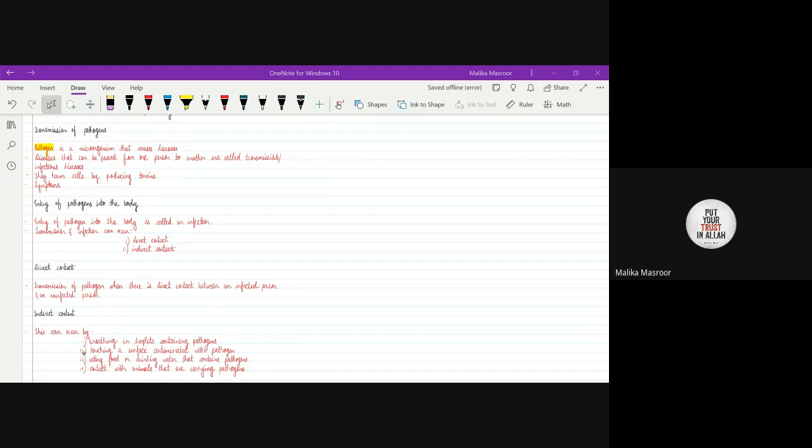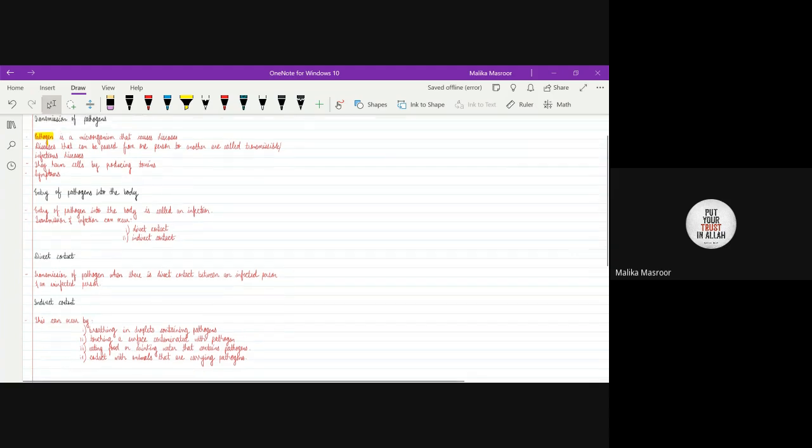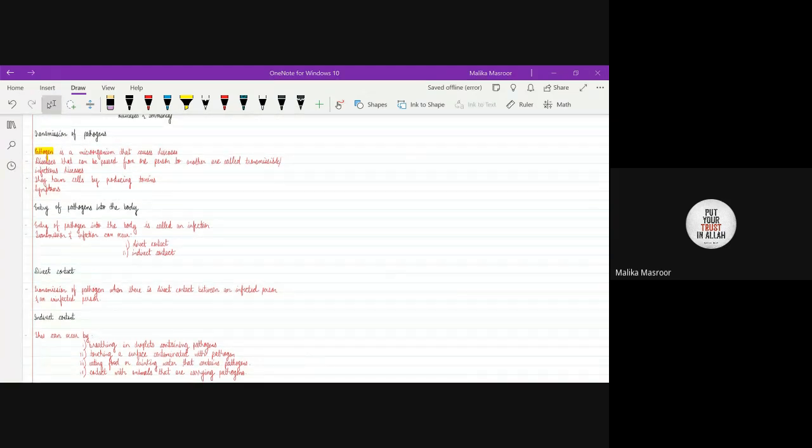If I tell you about HIV, it was not originally a disease of humans. HIV was a disease in chimpanzees, called simian immunodeficiency virus.